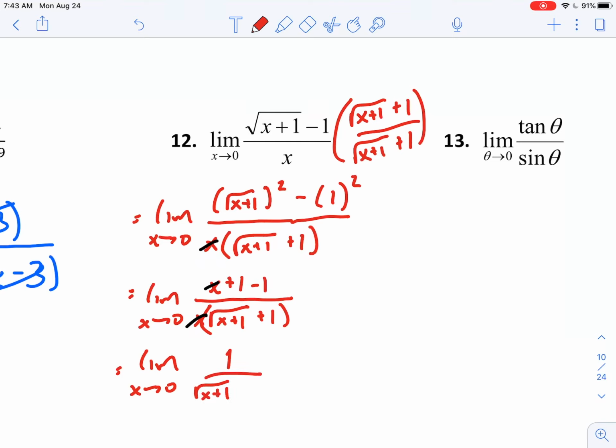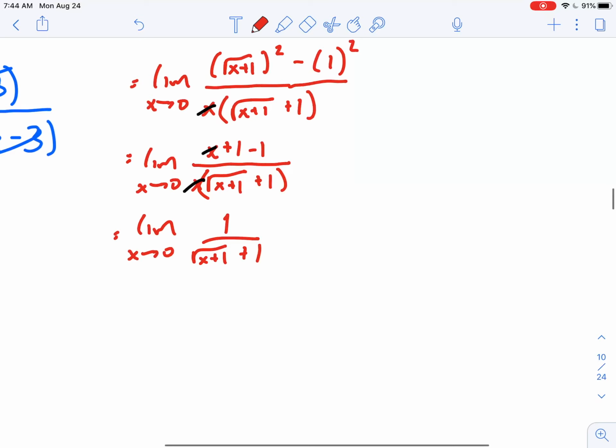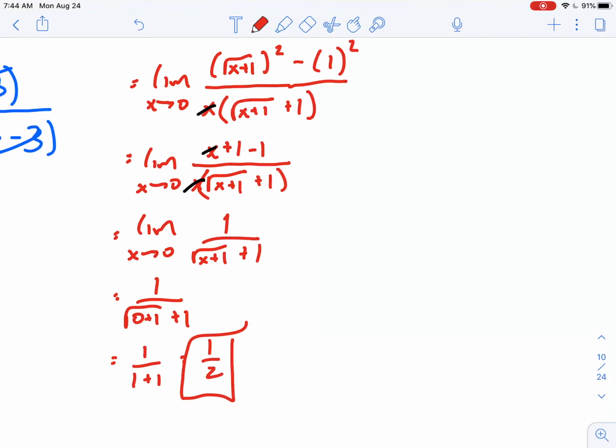The square root of x plus 1 plus 1. Now it's a little bit of work, but what I can see is I can plug in the 0 for my expression right now, and I won't get 0 over 0. I will get 0 plus 1 plus 1, which is 1 over 1 plus 1, which is 1/2.